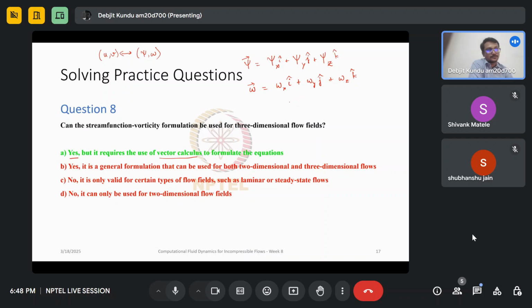Now, how many unknowns do you have? Here in 2D, as we went from Navier-Stokes to stream function vorticity, we went from three equations and three variables down to two equations, two variables. In 3D, for 3D Navier-Stokes, how many equations and unknowns do you have?